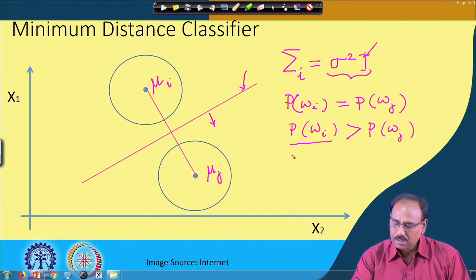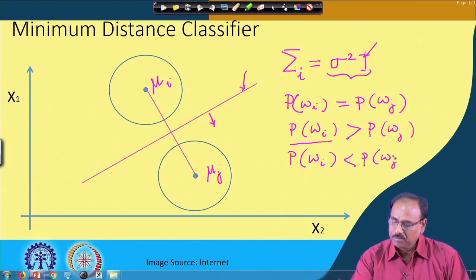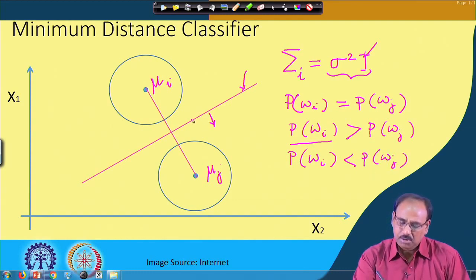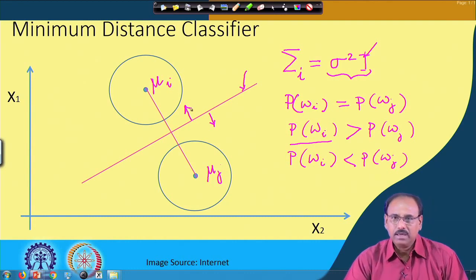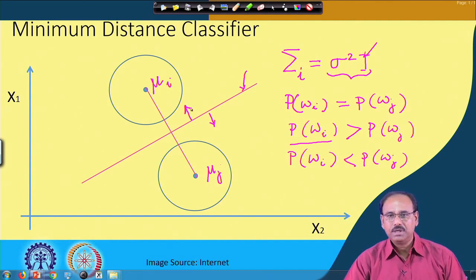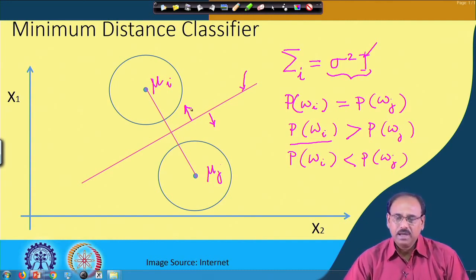In the other case, if p of omega i is less than p of omega j, the decision boundary shifts towards omega i. It remains orthogonal to the line joining mu i and mu j, but our decision for unknown feature vectors will be biased in favor of class omega j.